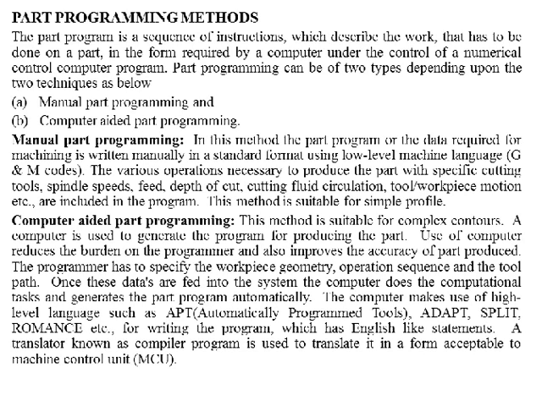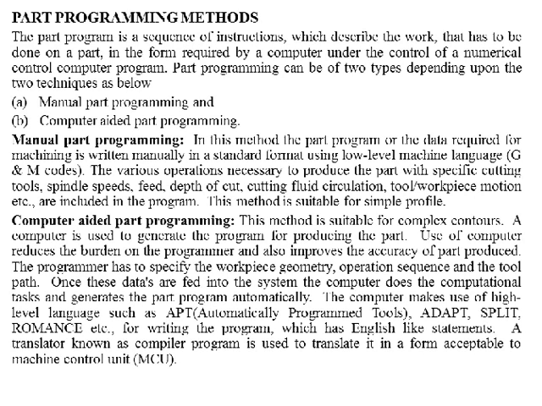Here, the programmer has to specify three things: the workpiece geometry, the operation sequence, and the tool path. Once the programmer has specified these, the data are fed into the system. The computer carries out the computational tasks and generates the part program automatically.